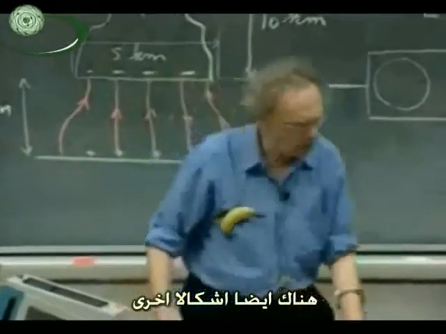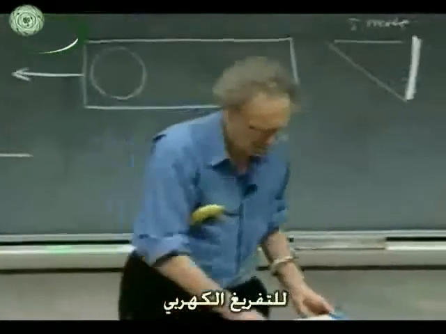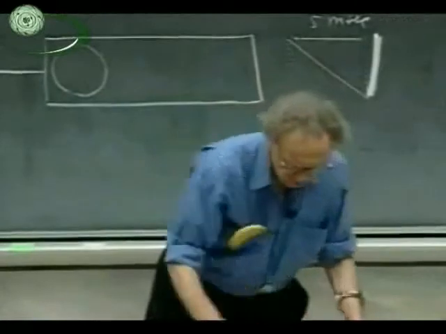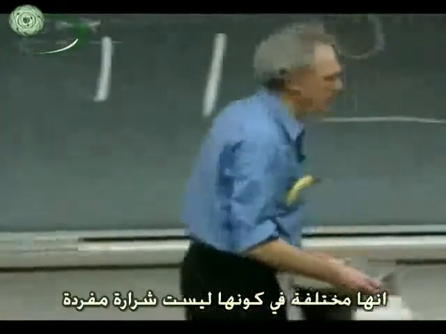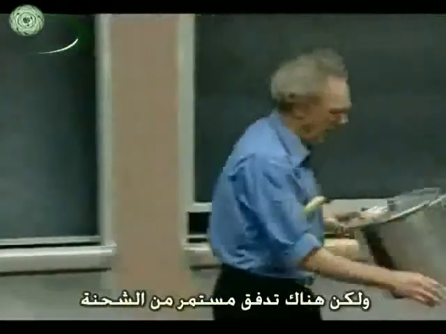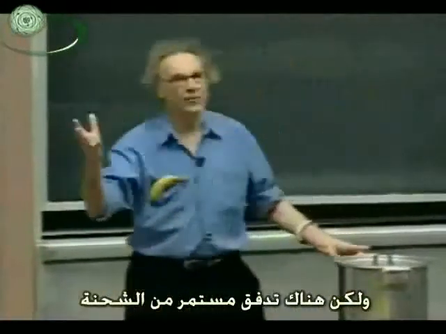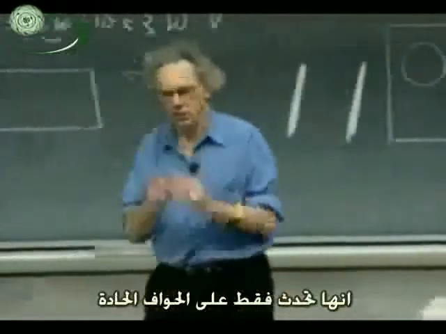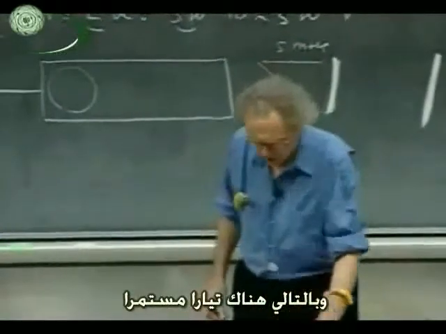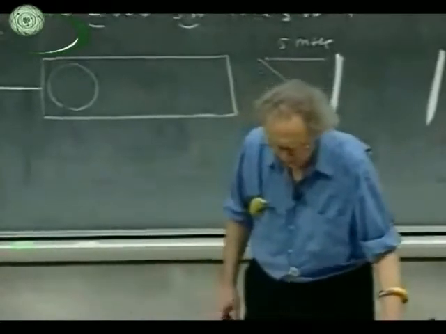There are also other forms of electric breakdown, of discharge. They are different in the sense that it's not an individual spark, but there is a continuous flow of charge. It occurs always from very sharp points, so there is a continuous current actually going on.